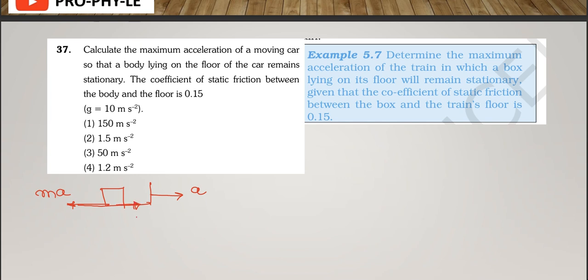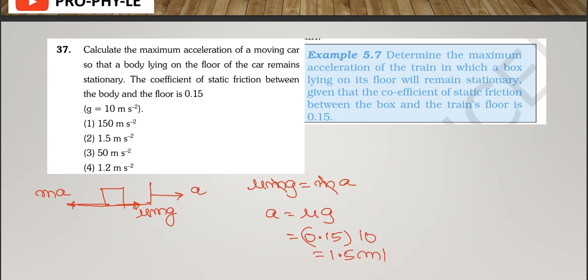So frictional force will act in this direction, that will be mu mg. So I can equate mu mg with ma, so that m gets cancelled. a will be equal to mu into g, that is 0.15 into 10, which is 1.5 meter per second square.